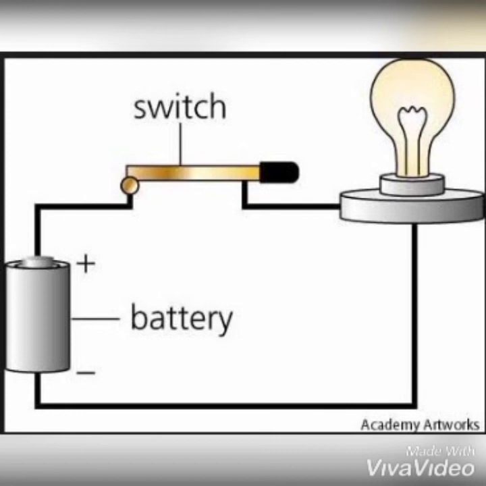A fuse is a safety measure which protects the appliances and their wiring. A fuse is basically a small wire which melts when there is a fault and will not allow the current to flow. This breaks the circuit and protects the appliances.